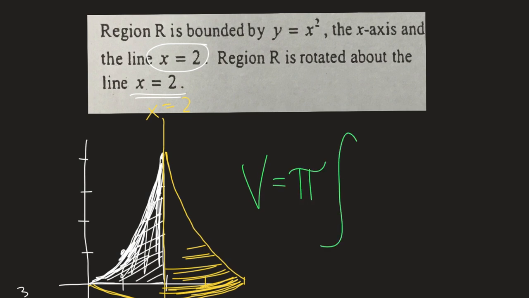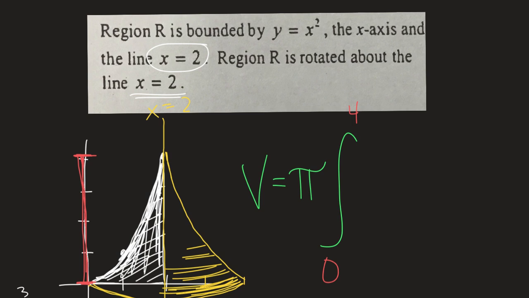Pi times the integral from, well, since we have a horizontal rotation, we need to have vertical intervals, right? How much are we rotating? This is now the height. So it's from 0 to 4 is your y interval of integration.